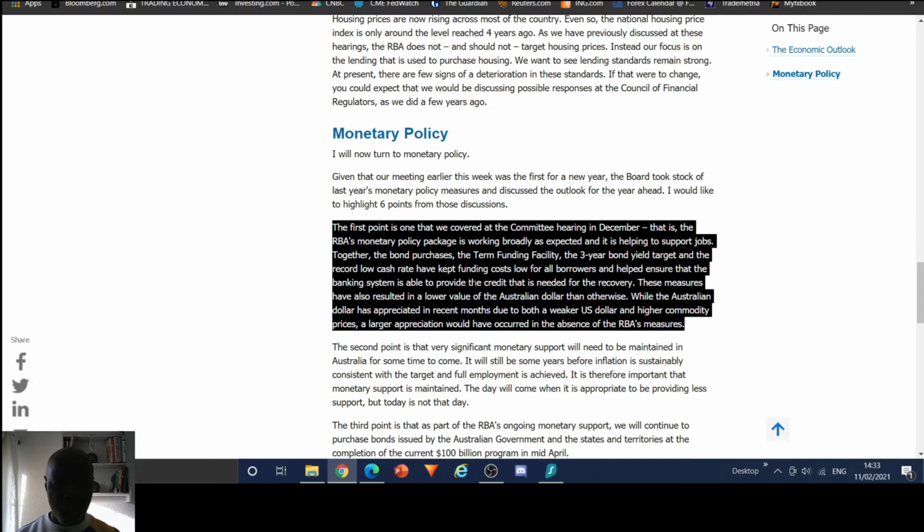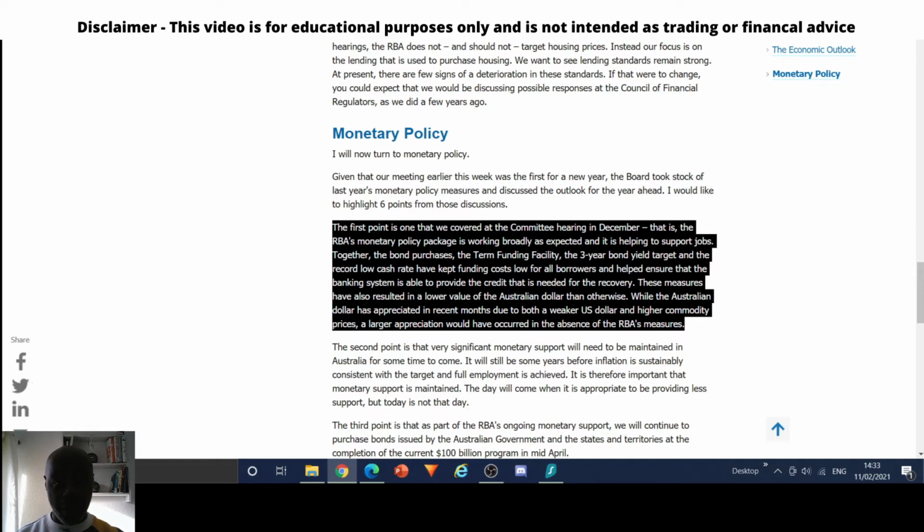The next point is also really significant to me. He says, while the Australian dollar has appreciated in recent months due to a weaker US dollar and higher commodity prices, a larger appreciation would have occurred in the absence of the RBA's measures. So what does that mean here, guys? It means all of the measures the RBA has put into place, low interest rates, the 3-year bond yield target, bond purchases, have helped to keep the Australian dollar down.